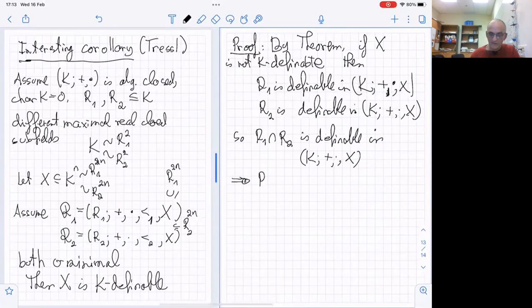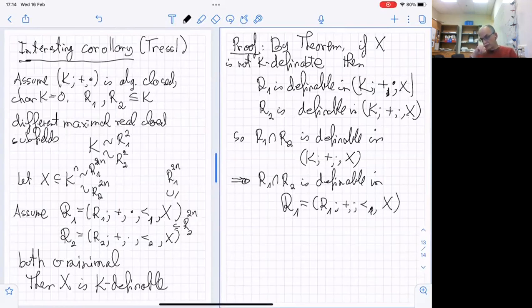So in particular, R1 intersection R2 is definable in the O-minimal structure R1, which was R1 plus times less than 1. Right? Because K is definable in R1 and X is definable, of course, in R1.